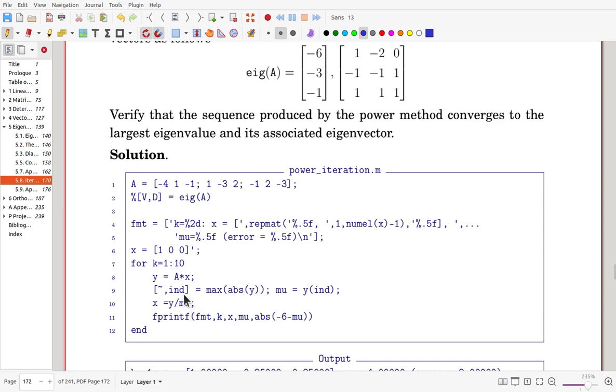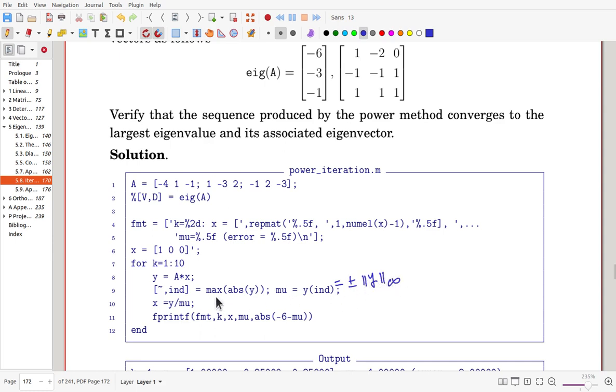After finding the position, we try to read the value to be mu. In fact, this value is the same as the maximum norm along with the corresponding sign, so that will be plus minus the maximum norm of y.